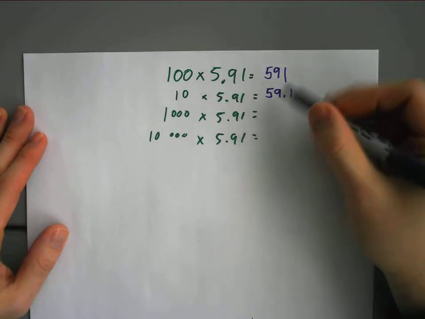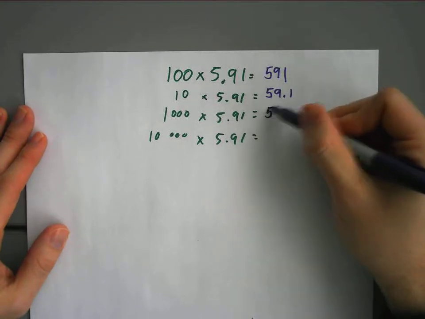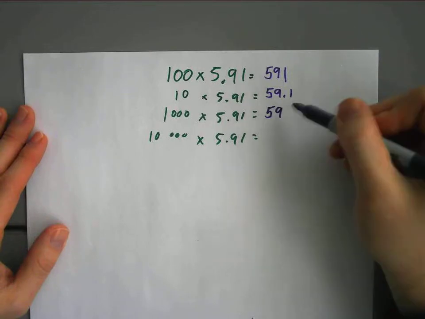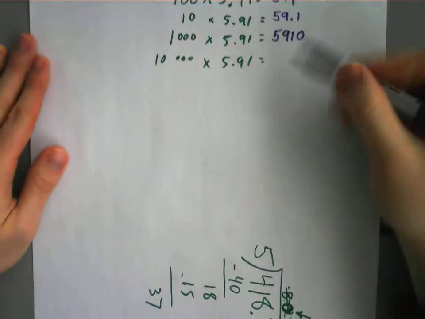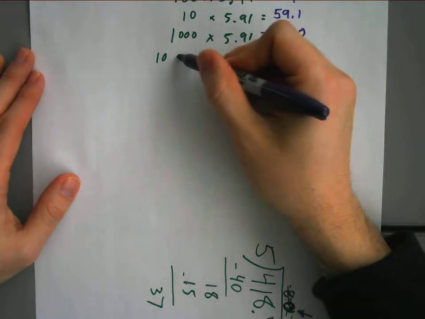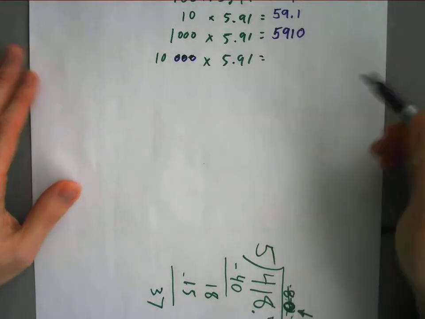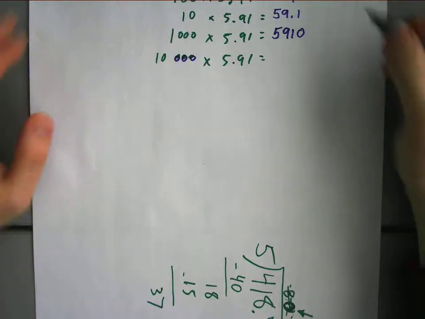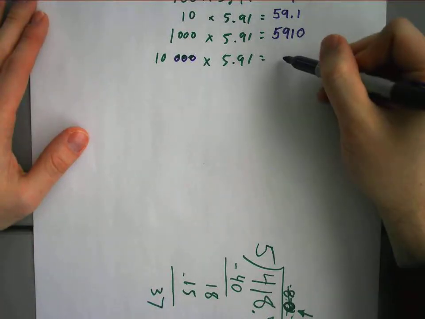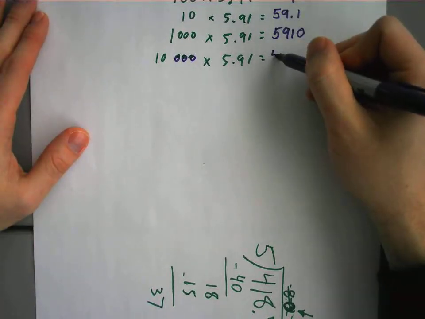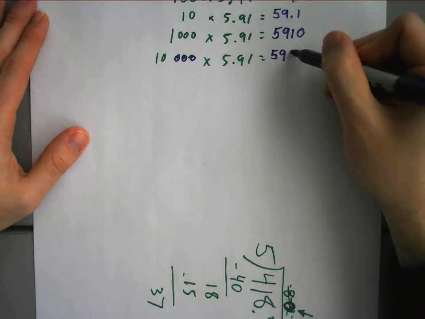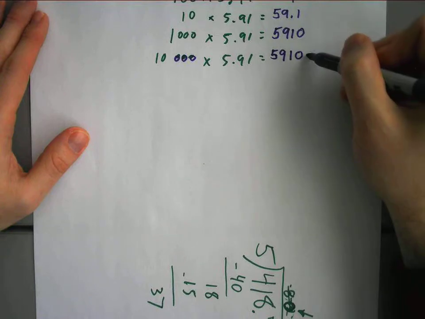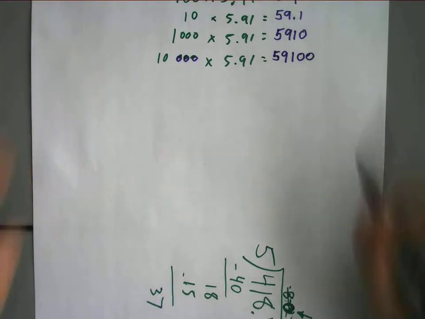Simon? 5,910. Yep. And then our last one. This is a 0, 0, 0. And our last one, let's check in with Liam. 5,900 and 100. There you go, just like that.